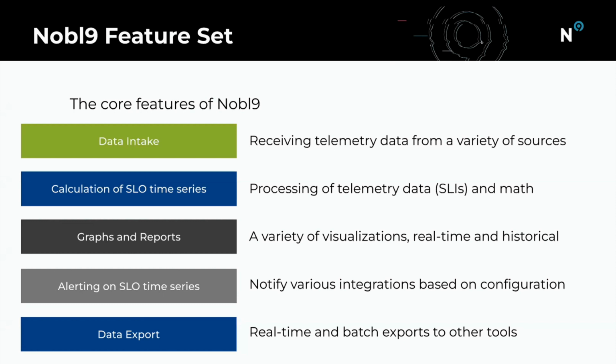So we do have alerting built into the platform, and that will alert on a couple different behaviors, like whether that is burn down, exhausted error budget, or error budget remaining. We have different characteristics that we can alert on, and you have the capability to tune that for your specific use case. Whatever way you want to alert, you have that ability.